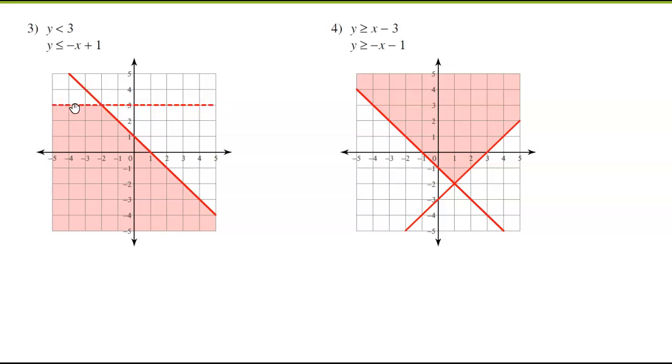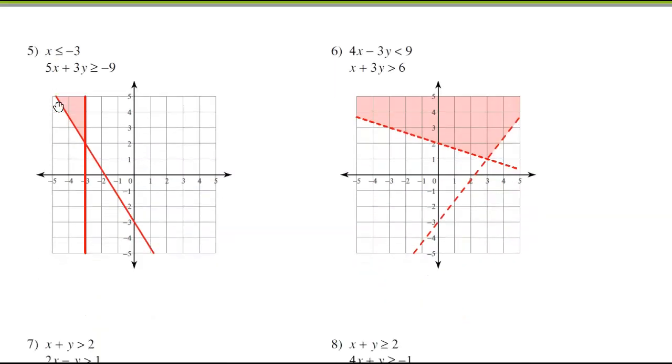Solutions cannot come from this dashed region here. They can only come from the solid line or the shaded region. So again, it's very important to know and understand exactly where your solution sets and regions are coming from.